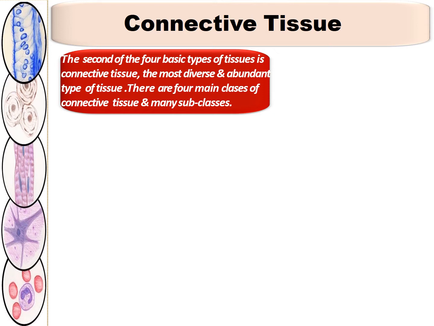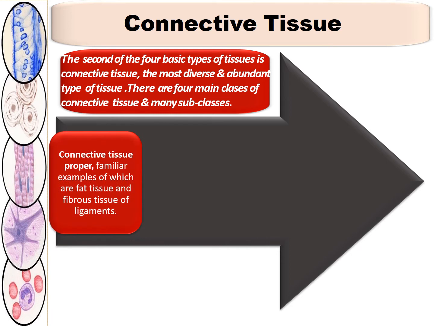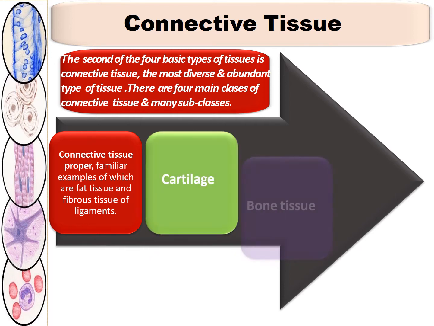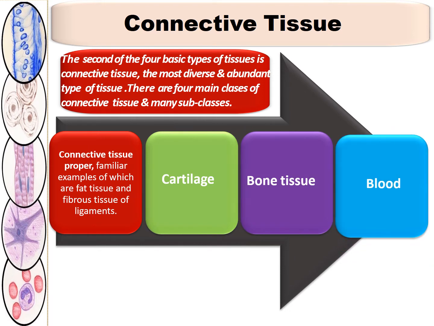There are four main classes of connective tissues and many subclasses. The first one is the connective tissue proper, familiar examples of which are fat tissue and the fibrous tissue of the ligament. The second one is cartilage, third is bone, and fourth is blood, which is the largest fluid connective tissue.